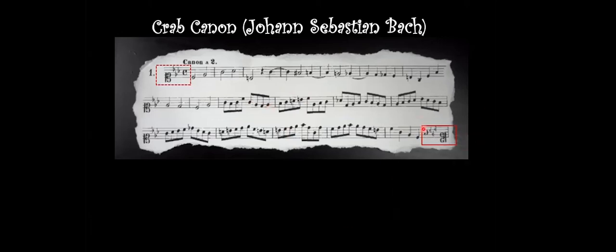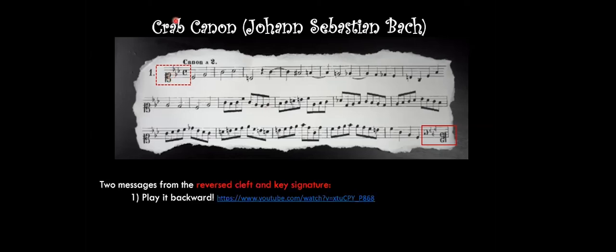Here, a mirror image of the clef and key signature at the end of the piece, as compared to this one. By that, Bach is telling musicians 2 things. First, this piece can be played both forward and backward. Now, how many of you have tried playing your favorite music record backward?